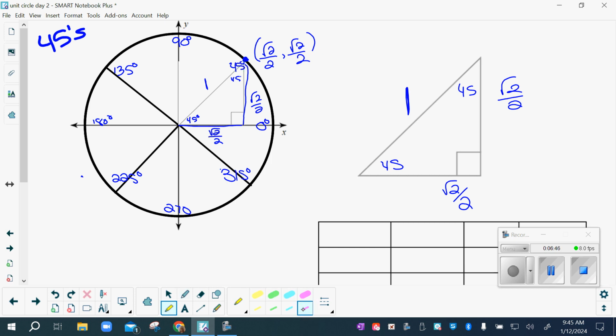Watch this. Do y'all see how I've got this triangle right here? Guess what? I have that exact same triangle right over here. The exact same one. The only difference is instead of being positive root 2 over 2, it's going to be negative root 2 over 2.